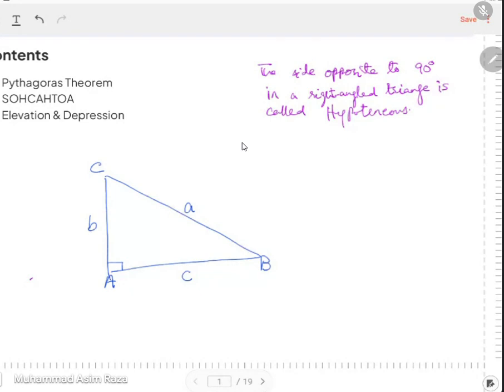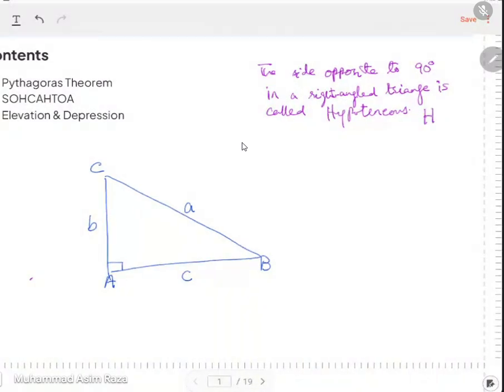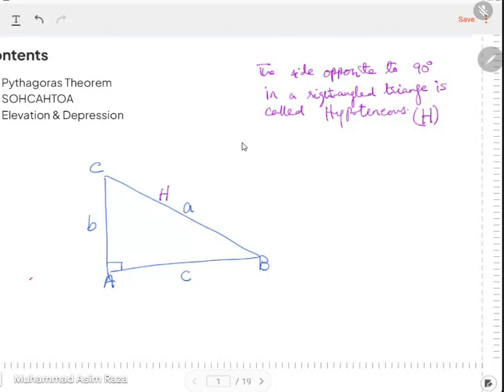Okay, this is called hypotenuse, and we represent it with capital H as well. So I mean to say that because this is the side which is opposite to 90 degrees, this is called H.